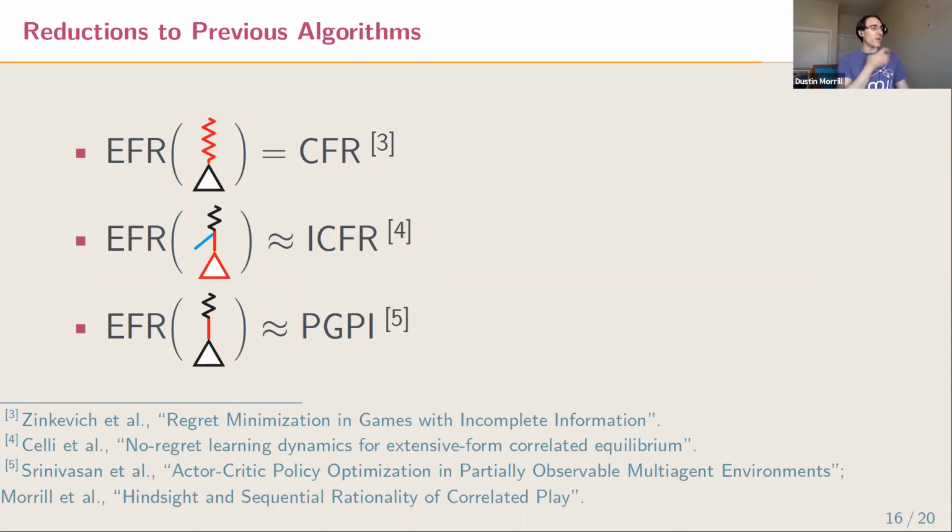If we use the action deviations so that they play to some particular part of the game, then they change the strategy just at that local information set and then use the strategy for the rest of the game, we get an algorithm that's similar to policy gradient policy iteration. So this is to make a connection to the RL literature.